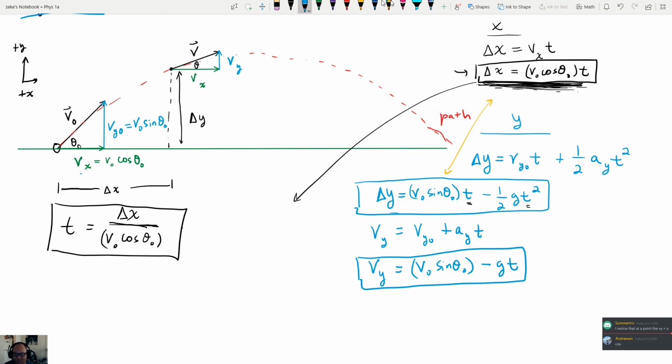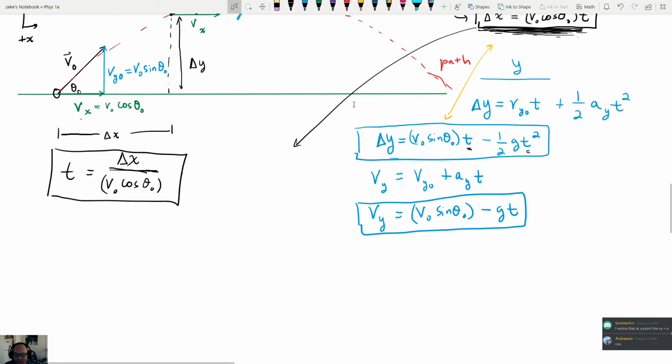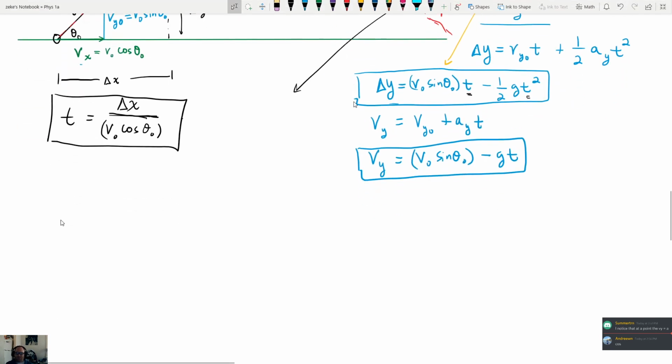Let's scroll down just a little bit here. Okay, so I can write delta y is equal to v initial sine theta naught times t, but for t I'm going to plug this in. So we multiply by delta x and then divide by v initial cos theta initial.